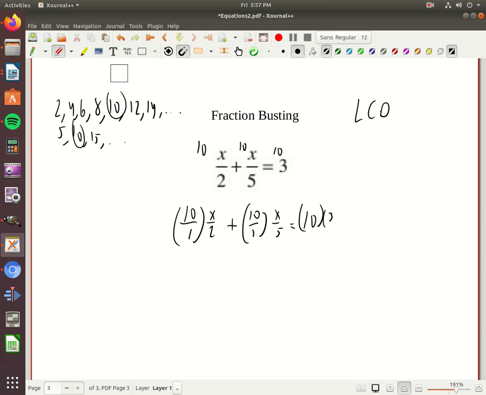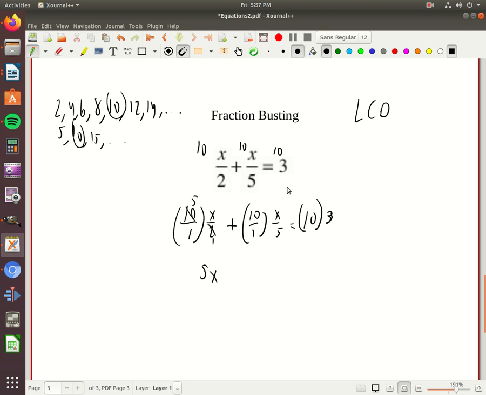We don't really need to make this one a fraction if we don't want to, although if it makes you feel comfortable to do that, feel free. But you can see I'm multiplying the x over 2 by 10, the x over 5 by 10, and the 3 by 10. The reason why I put these as fractions is I want to cross cancel, right? 2 goes into 2 once, it goes into 10 5 times, 5 times x on top, 1 on bottom, so I just get 5x.